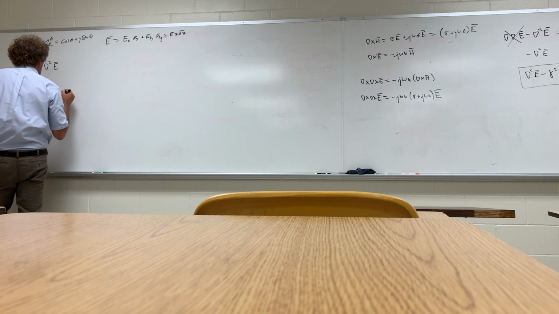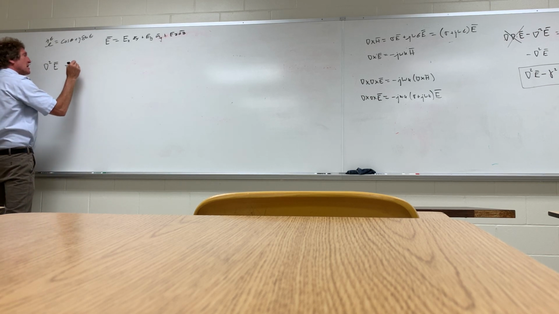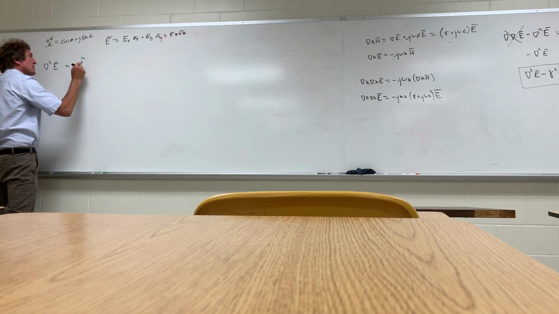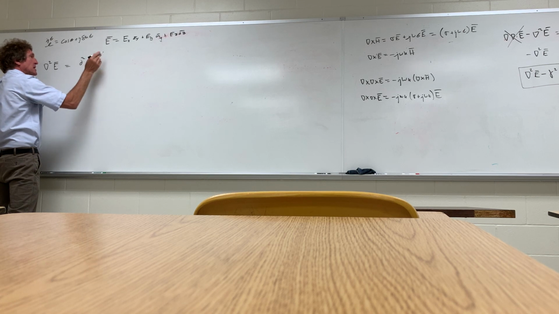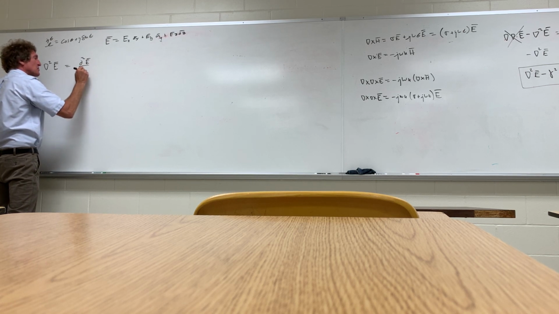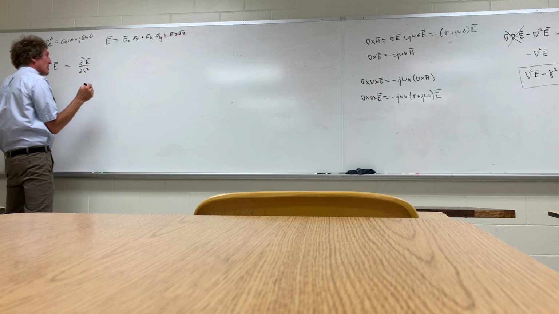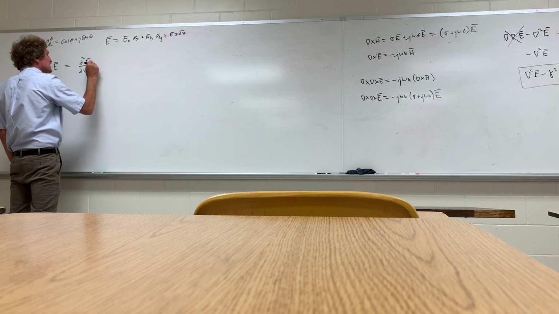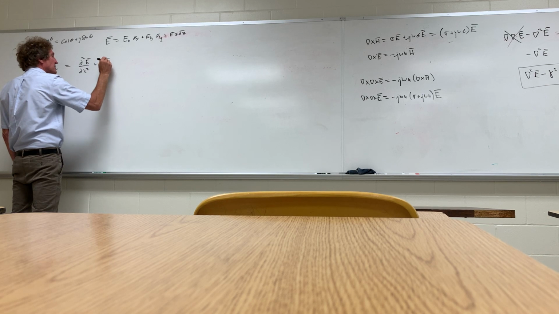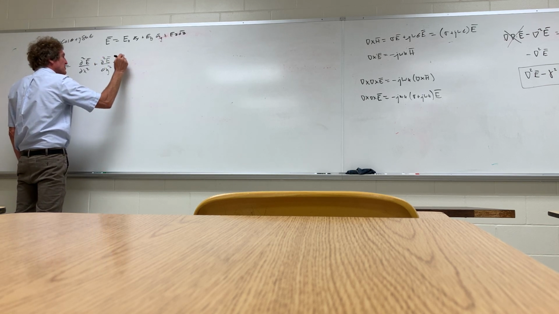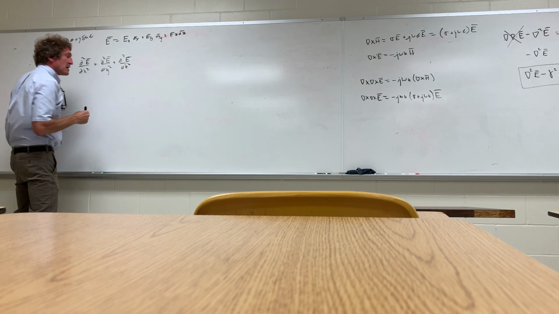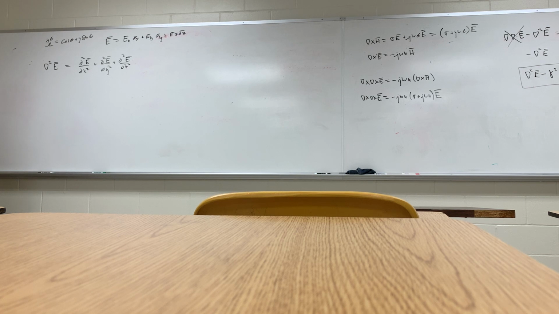When we do a del squared operator, we take the second derivative of vector E with respect to x squared, plus the second derivative of vector E with respect to y squared, plus the second derivative of vector E with respect to z squared.